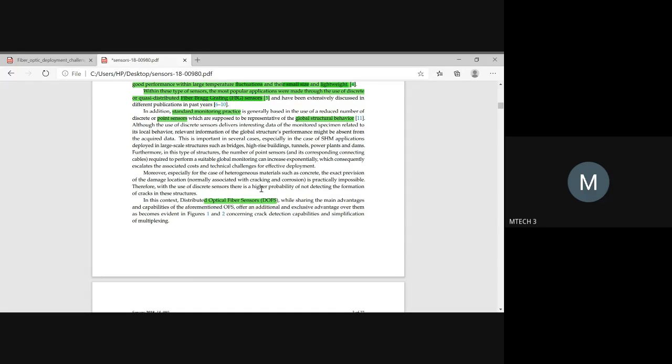Suppose you have constructed a building. When you construct a building, you need many materials to come together. It is a combination of different materials. So you can say that it is a heterogeneous mixture of many materials like concrete and also some other essential elements. If it is not mixed properly, it can result in cracking and corrosion in the beginning itself, while plastering, right?